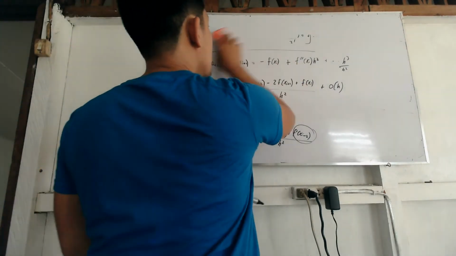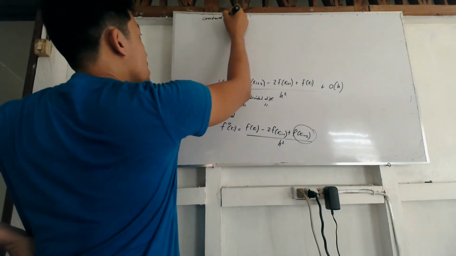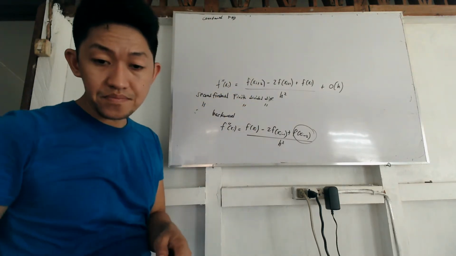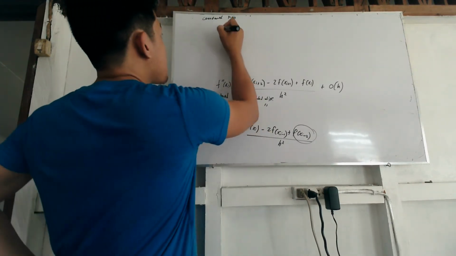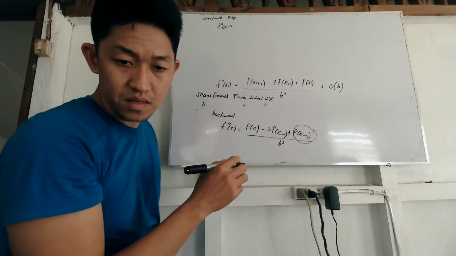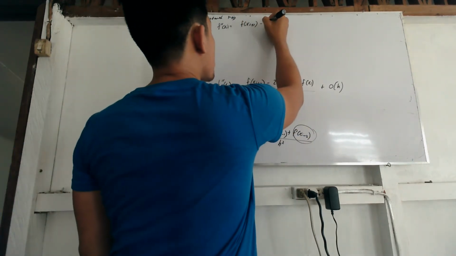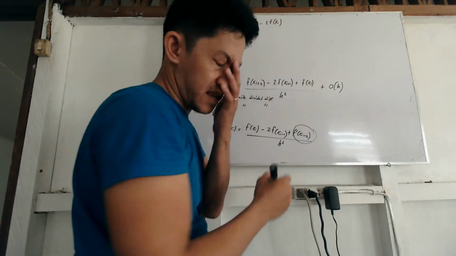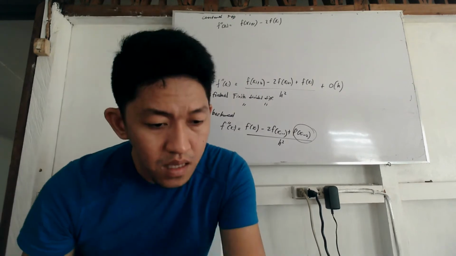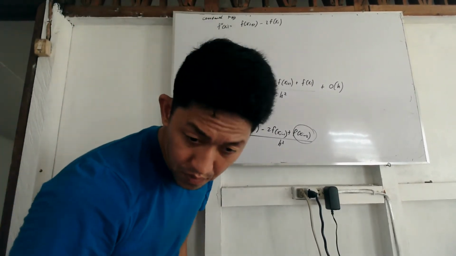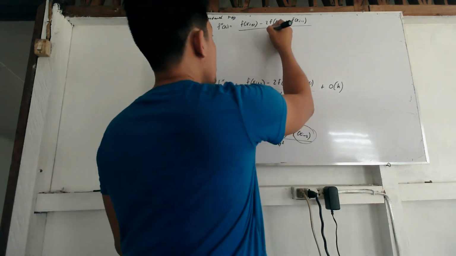For the centered version for second order, this is equal to f double prime, f of xi plus 1 minus 2 f of xi plus f of xi minus 1 over h squared.